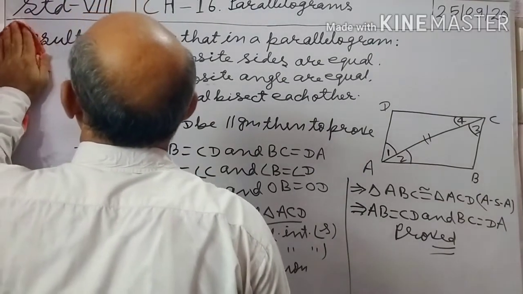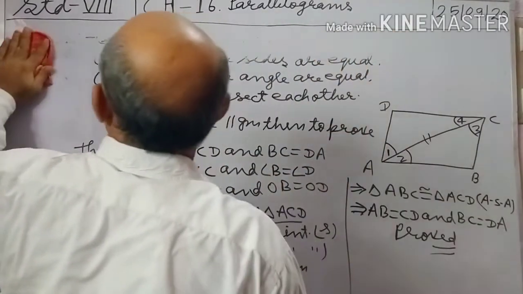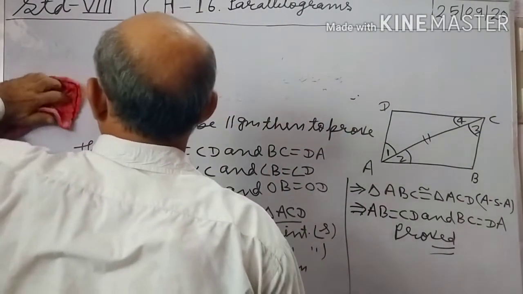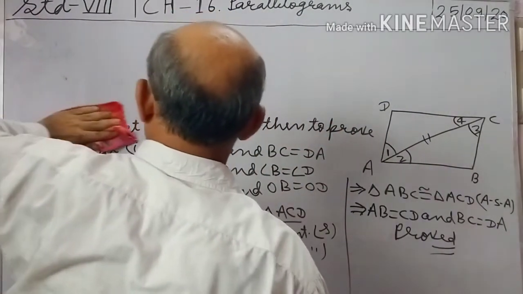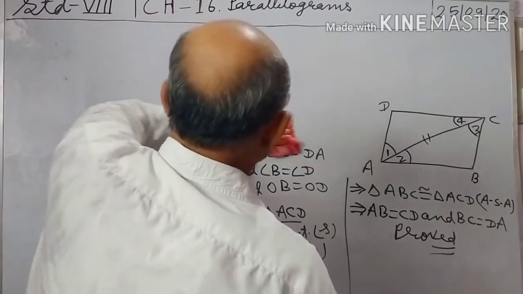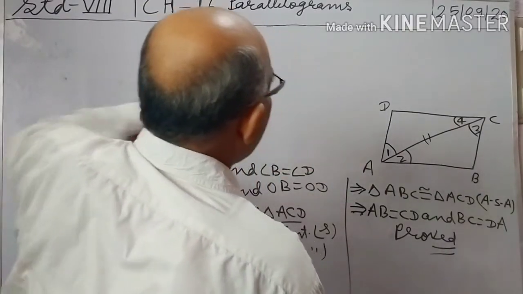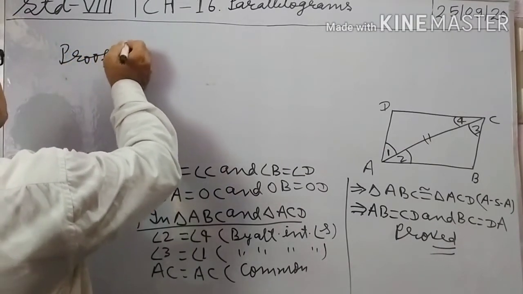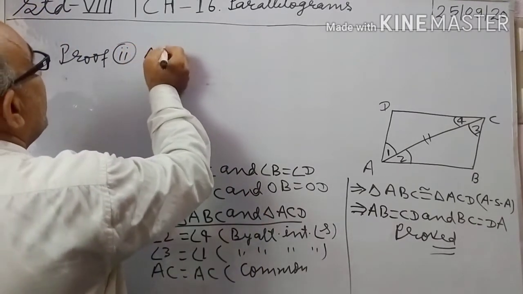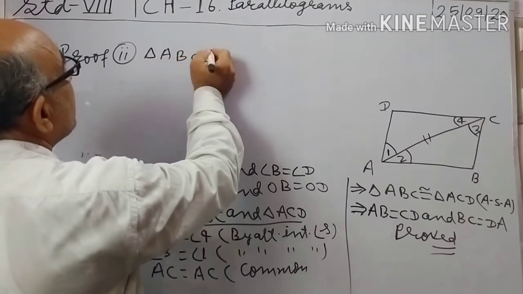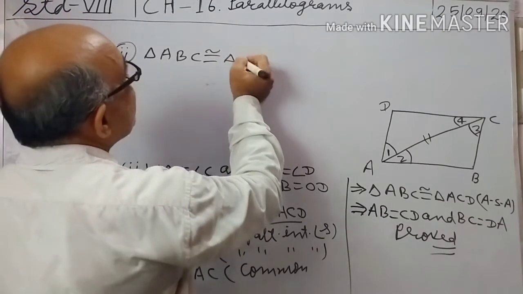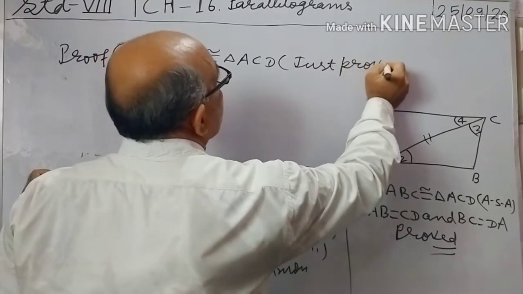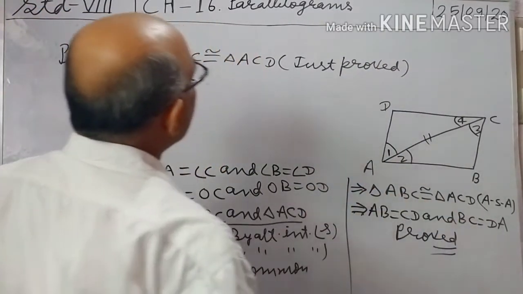Now proof 2. Opposite angles are equal. Angle A equal to angle C. Triangle ABC is congruent to triangle ACD, just proved.